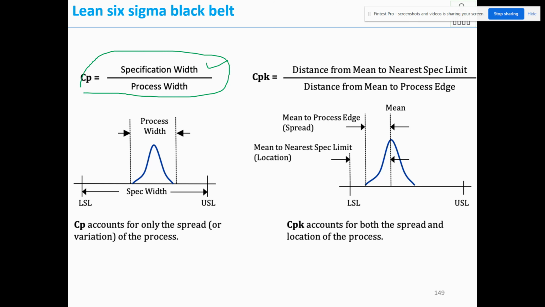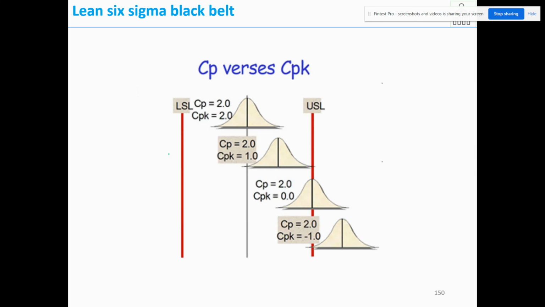Your specification width divided by process width. What is a process width? 6 sigma variation. Specification width is nothing but the tolerance. For the given tolerance, when you divide with the process width, how many times you are able to divide the numerator. Therefore, we can say it is a good process. Here, this is your spec width and this is your process width. So this is a good process. Here you are overlapping with the mean and it is a good process.